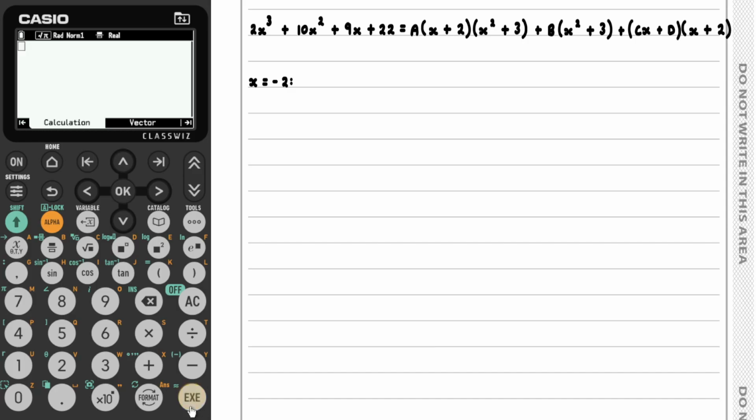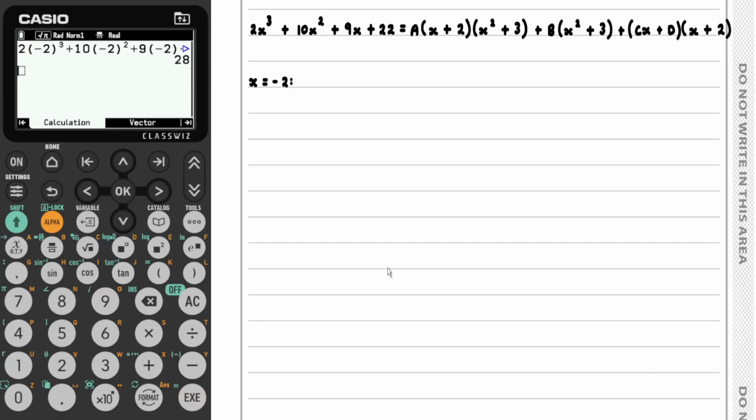On the left hand side we have 2 multiplied by negative 2 cubed, plus 10 times negative 2 squared, plus 9 times negative 2, plus 22.